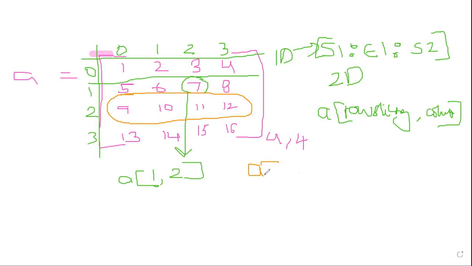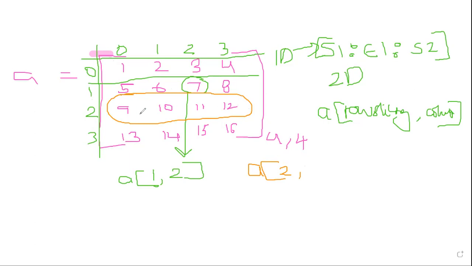Our array name is A of. I need to access the elements corresponding to the second row. Coming to the rows, 0, 1, 2, all these elements are present in the second row only. That's why I'm specifying the number 2. Coming to the columns, in this row we have all the column elements, 9, 10, 11, 12.